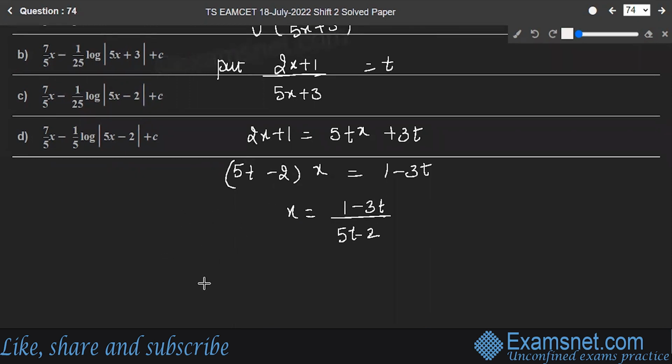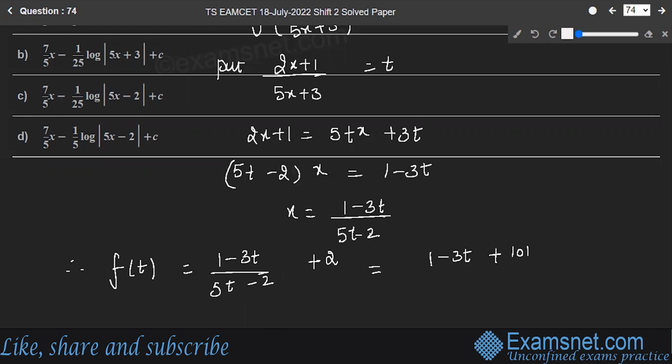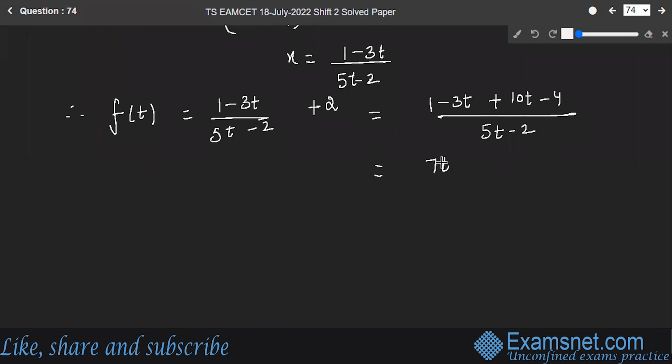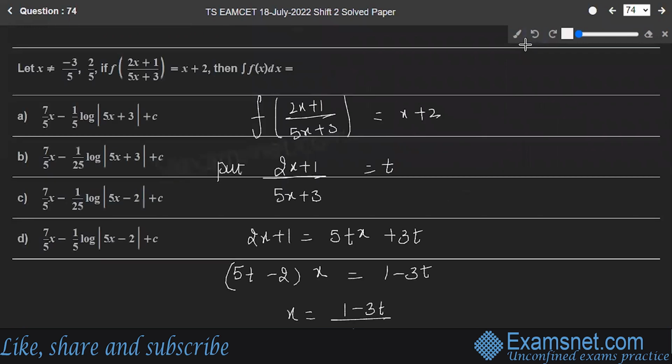Okay, so this is the value for x. Therefore, f of t can be written as (1 minus 3t) upon (5t minus 2) plus 2. This gives you (1 minus 3t plus 10t minus 4) upon (5t minus 2). This becomes equal to (7t minus 3) upon this.